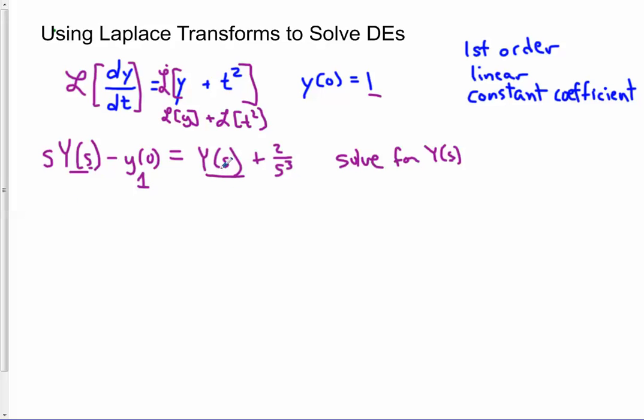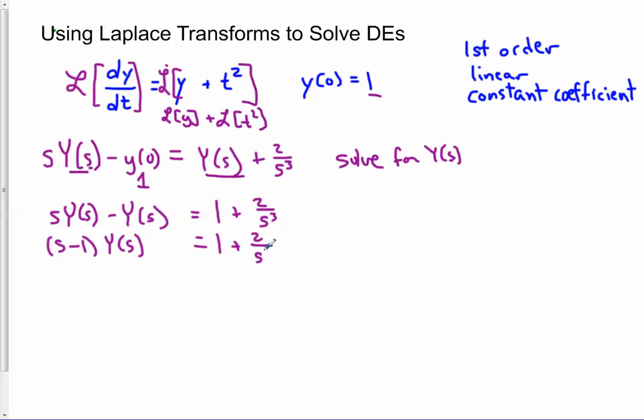I'm going to bring this capital Y over, and I'm going to bring the 1 over to this side. Of course, I can factor out the capital Y, and then I'm just going to divide. So I get 1 plus 2 over s cubed, all divided by s minus 1.